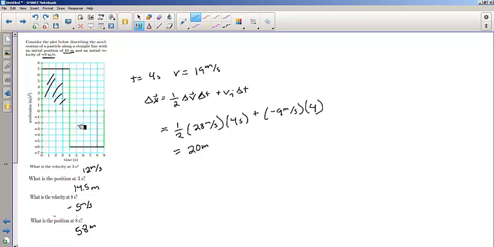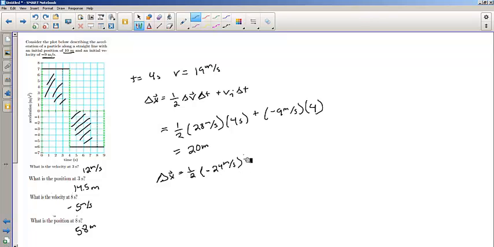Okay, now we think about the displacement from this box. This change in velocity is negative, and that is a negative 24.